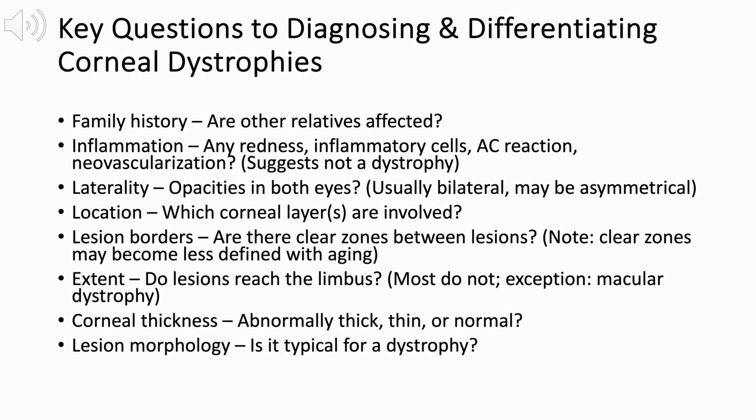Most dystrophies do not reach the limbus, with the key exception being macular corneal dystrophy, which does. Look at corneal thickness. Is it abnormally thick, thin, or within normal limits? Finally, evaluate the lesion morphology. Does the appearance match what is typical for a specific dystrophy? These systematic questions can help differentiate dystrophic conditions from degenerative, inflammatory, or acquired processes.